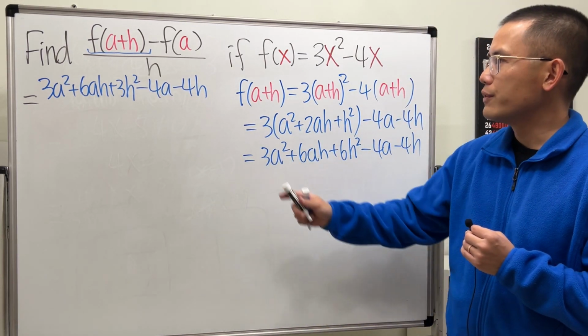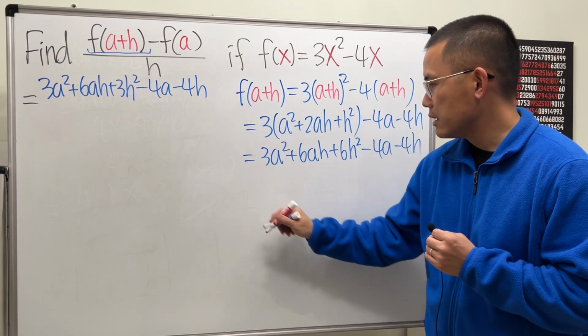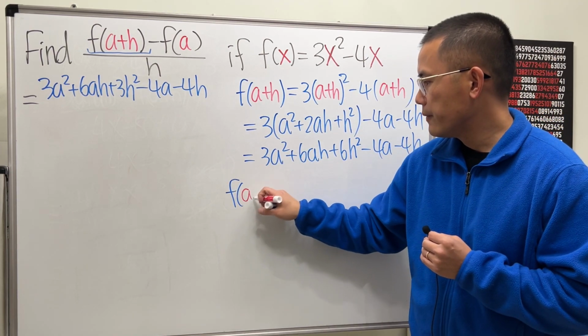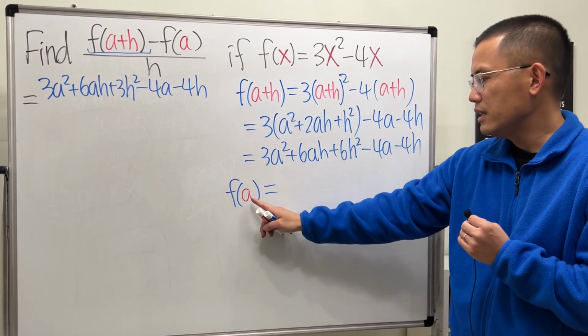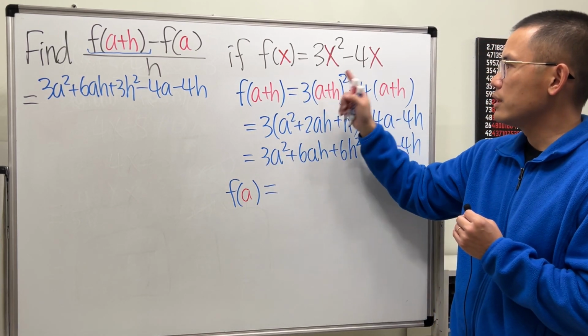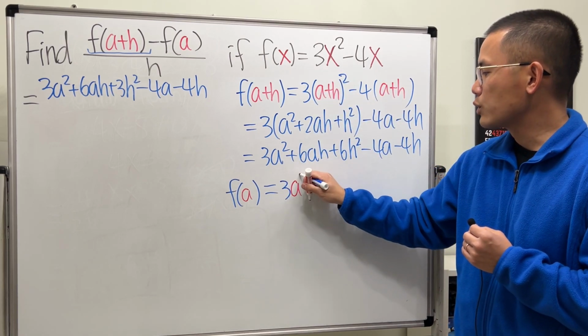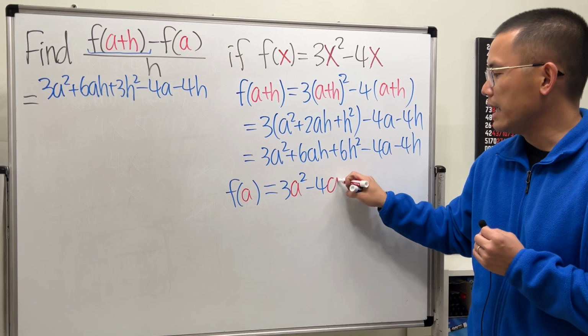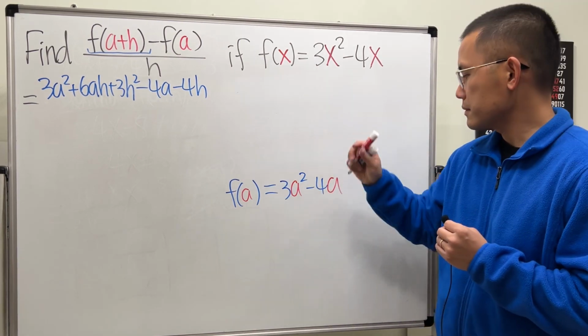Next, I will have to figure out what f of a is. For that, you really don't have to write this down again, because it's just a matter of looking at this function and changing the x to a. You have 3a squared minus 4a. And this is what we have to put right there.